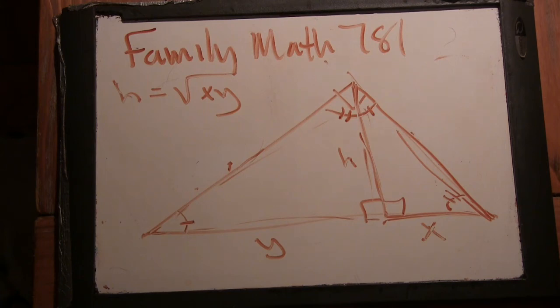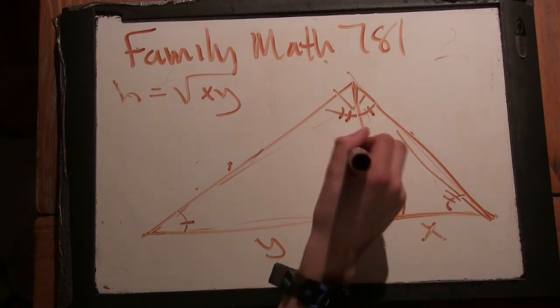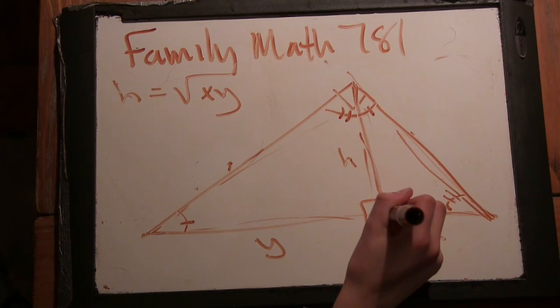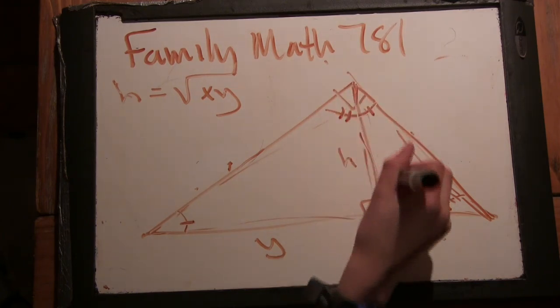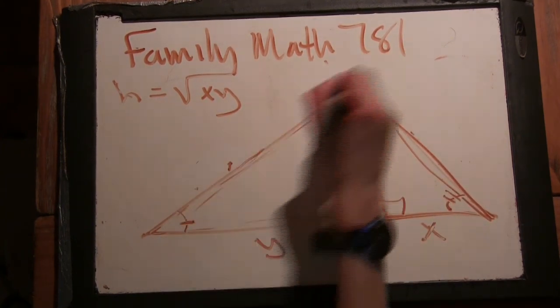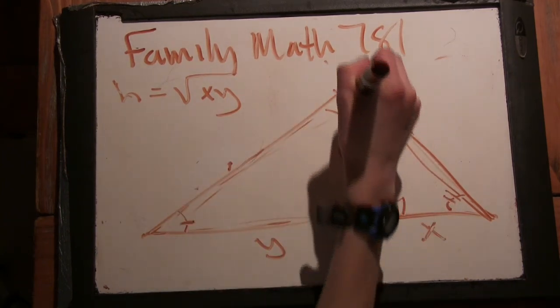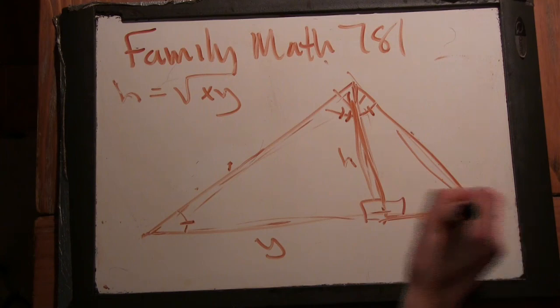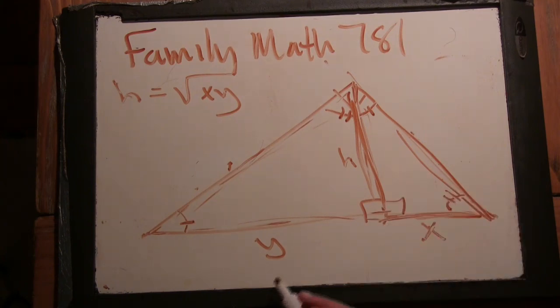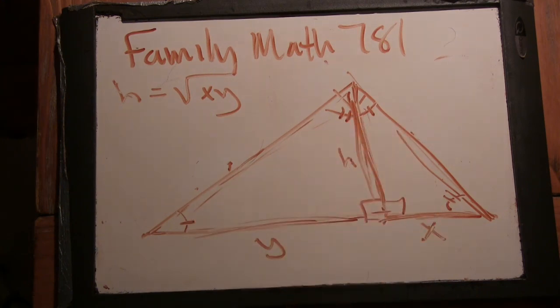Well, what sides do you think are going to be in the same ratio as each other? Well, you have h is the side going up here, and that side on the big triangle is here, but it's also on this medium triangle, is this side here. So h and x are in the same ratio as y to h. Okay, so why don't you write that down?